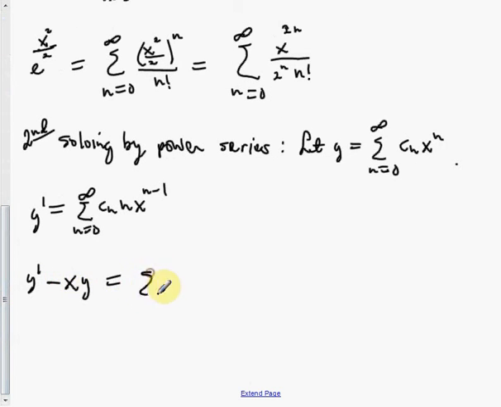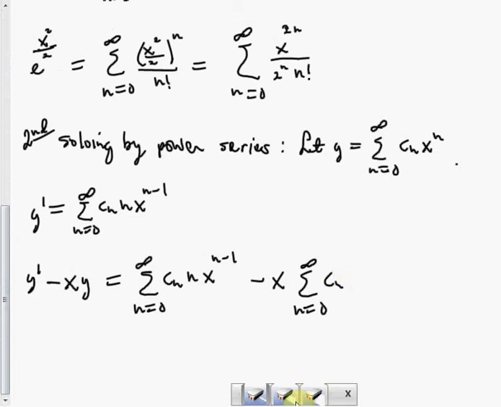This is equal to the summation as n goes from 0 to infinity, c sub n times x to the n minus 1 minus x times the summation as n goes from 0 to infinity of c sub n times x to the n is equal to 0.